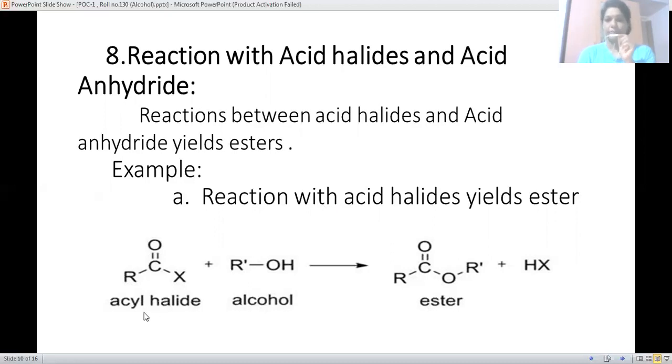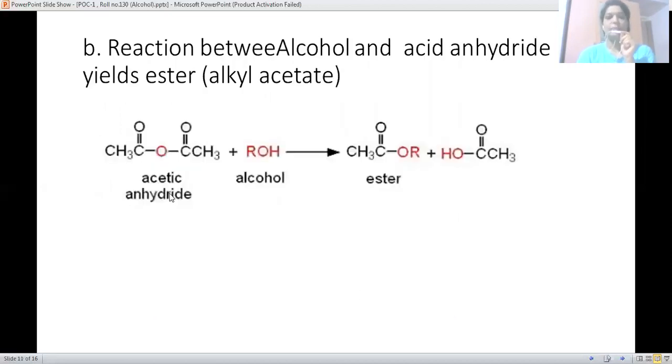When acid halide is reacted with this alcohol, the ester is synthesized. We will see the reaction of acetic anhydride with the alcohol. Ester is formed. This reaction is very simple.